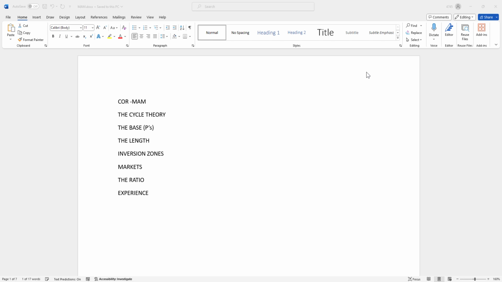The next thing is markets. What do I mean by markets? COR cycles are market dependent. This clearly means a COR cycle, let's say MAM, does not work in every single market there is. MAM works in only a few markets that are aligned with the cycle rhythm of the MAM.